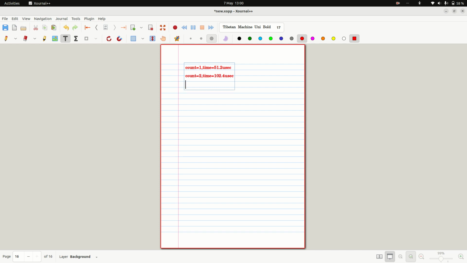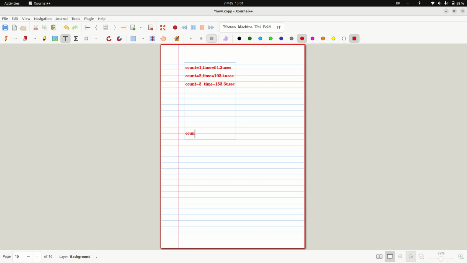Again same thing, when count equals to 3, how much time does it take? It took 153.6 microsecond. So still no action. Again do same method.